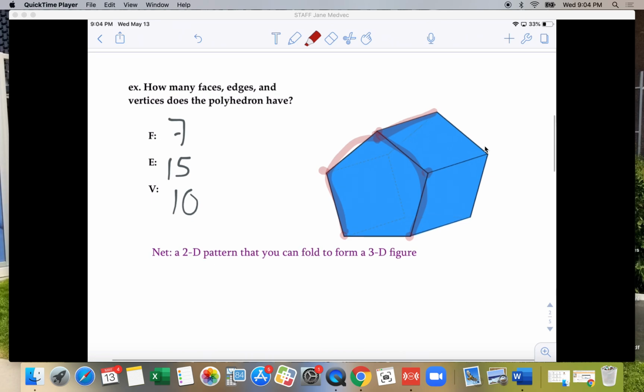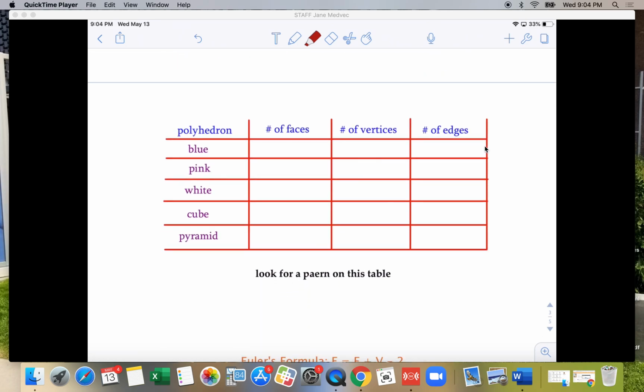You'll notice that this is blue, pink, white, cube, and pyramid. If you were in class, I would give you a blue net, a pink net, and a white net, and we would fold them up and form a three-dimensional figure.